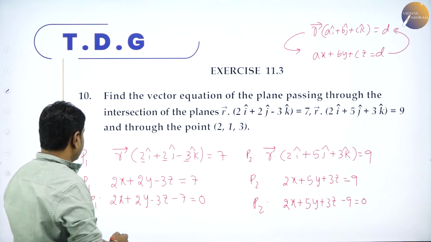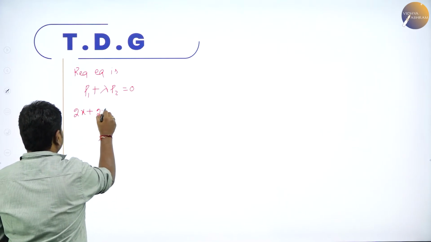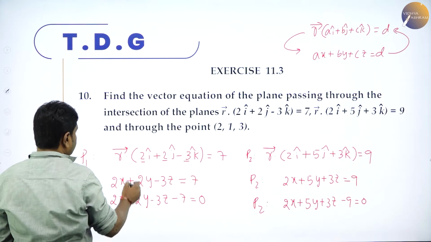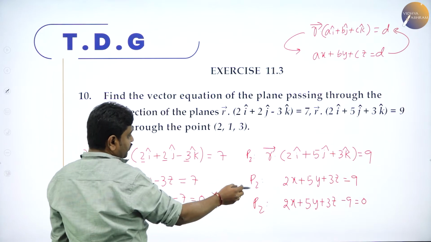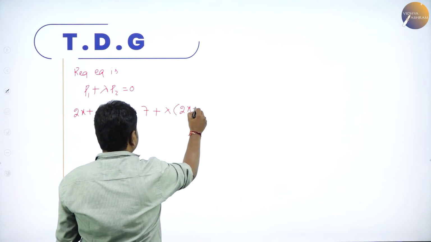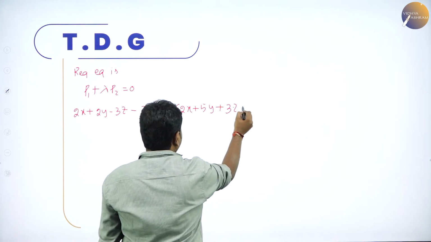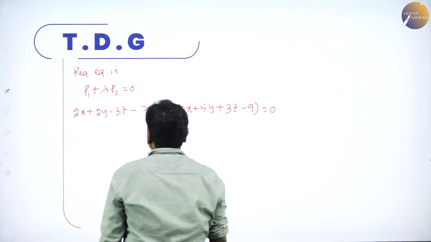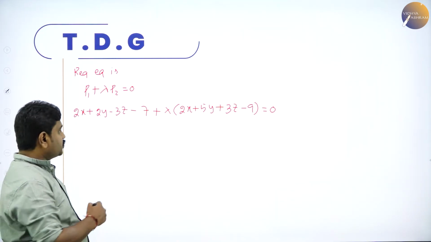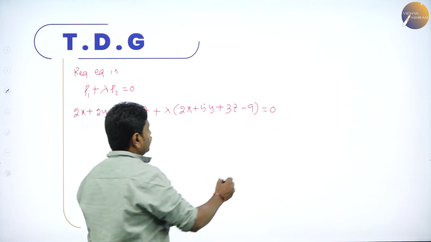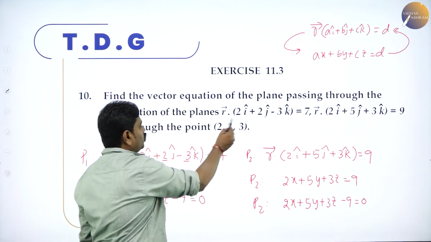So now P1 is 2x plus 2y minus 3z minus 7, plus lambda times (2x plus 5y plus 3z minus 9) is equal to 0. So now we wrote the plane equation. Our task is to substitute the point, because this is the plane, and they told us it passes through a point. What is the point? 2, 1, 3.